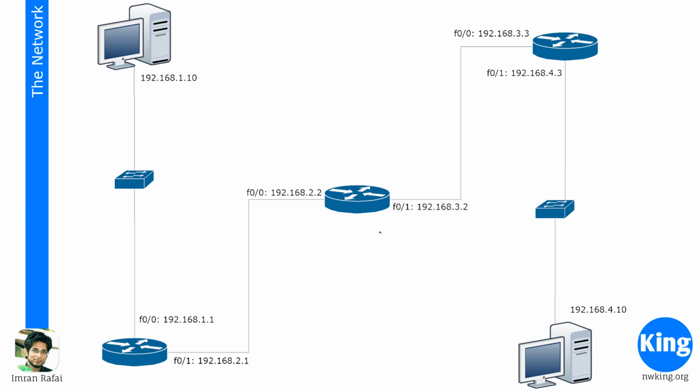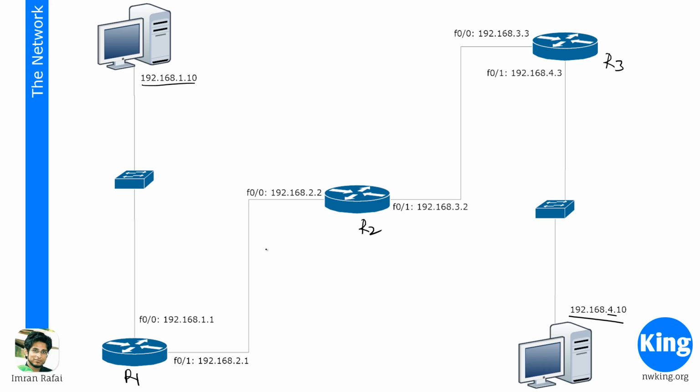This is the network where we have 3 routers. So this is R1, this is R2, and this is R3, right? This computer is 192.168.1.10. This is 4.10. The 4 denotes the 4.0 network, right?